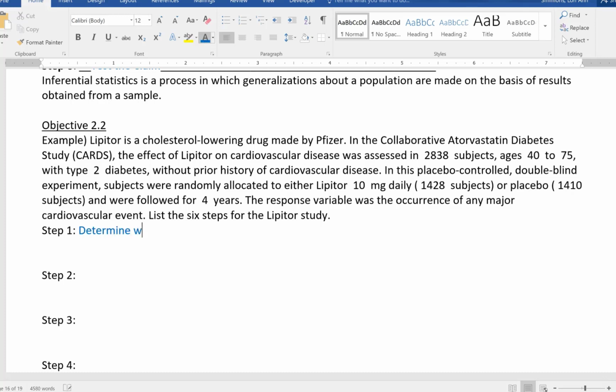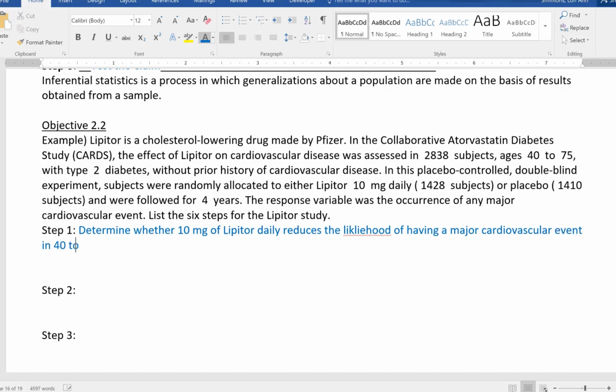So we want to determine whether 10 milligrams of Lipitor daily reduces the likelihood of having a major cardiovascular event in 40 to 75-year-old subjects with type 2 diabetes without prior history of cardiovascular disease.